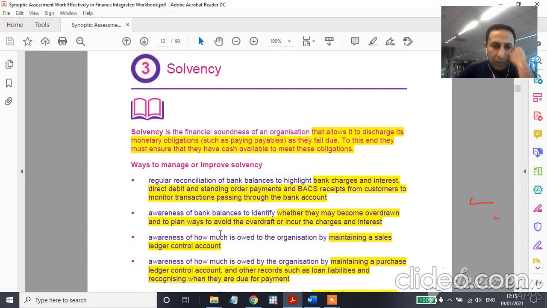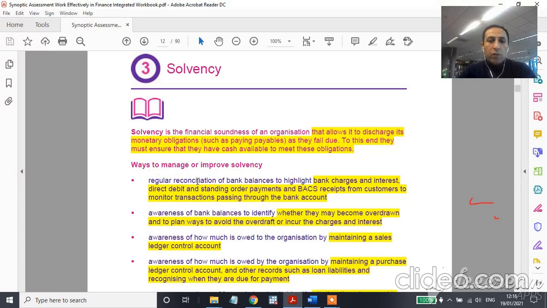There are a number of ways you can manage or improve solvency to control your cash. For example, regular reconciliation of the bank balance. On a monthly basis, or even weekly, you have to check how much money is in your bank account and what you expect to pay in the next weeks or next month.